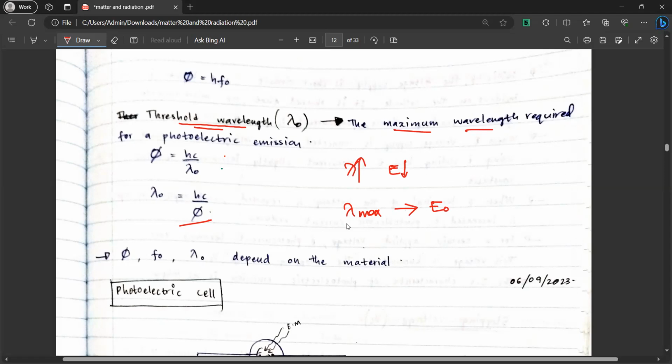So here we know that work function obviously depends on the material. Depending on the work function, we can find f naught or lambda naught. So the work function, f naught and lambda naught, all of them depend on the material only.